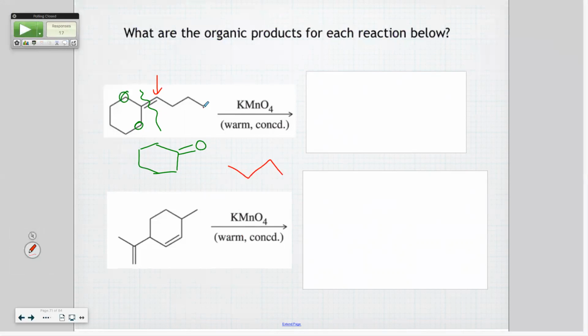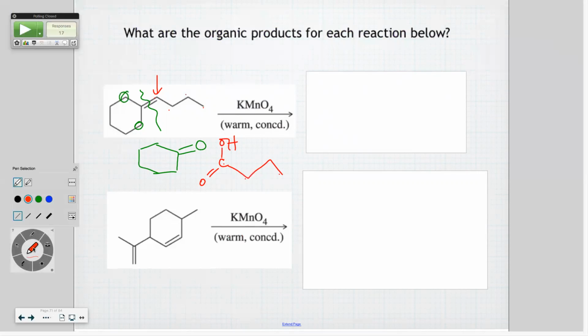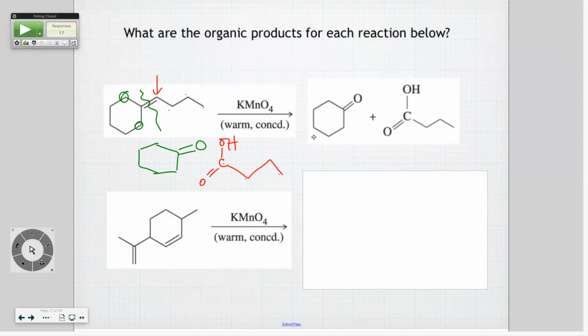Okay, so it has 1, 2, 3, 4 carbons, and then this is going to become an OH. It actually becomes an aldehyde first, and then it gets oxidized further to the carboxylic acid. All right, so here's the actual picture of it, drawn out vaguely nicely.